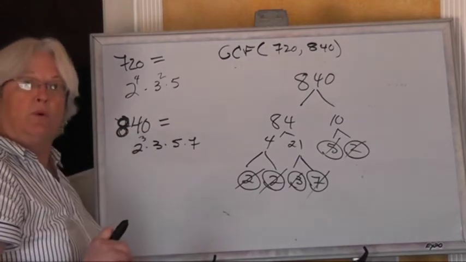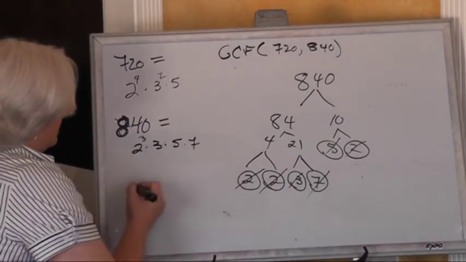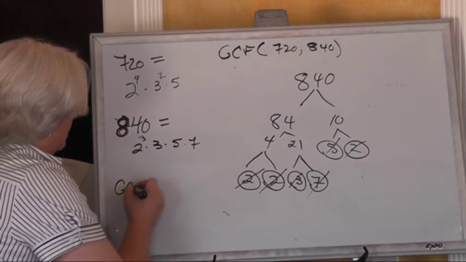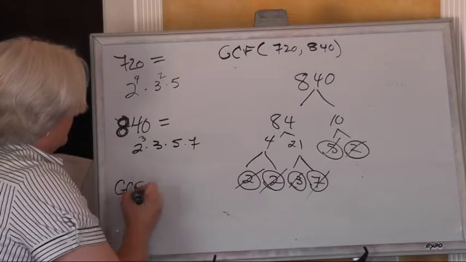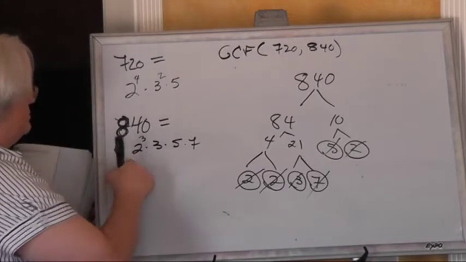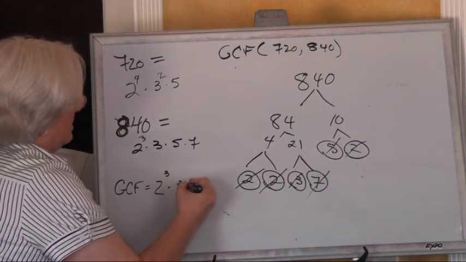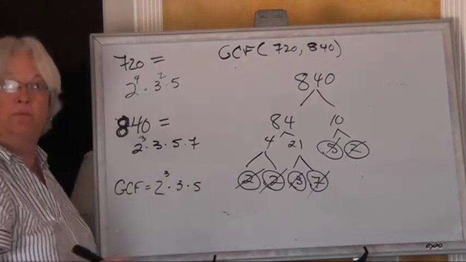Now what I'm looking for is the prime numbers that they have in common, the highest power. The greatest common factor is equal to 2 cubed times 3 times 5.